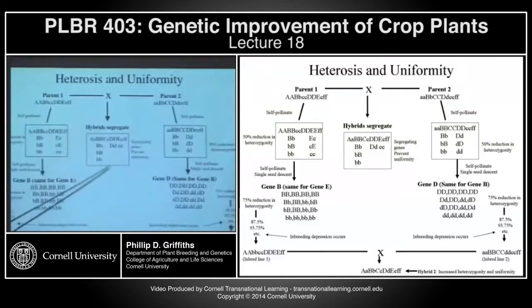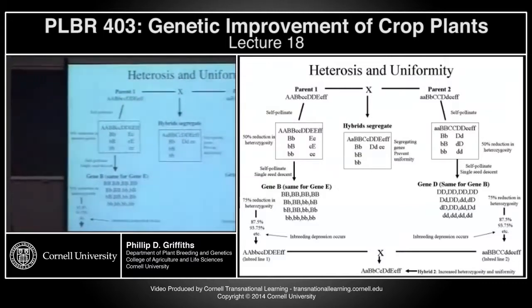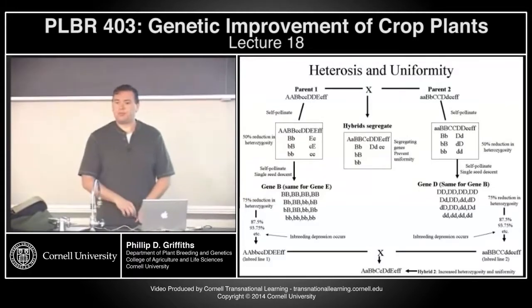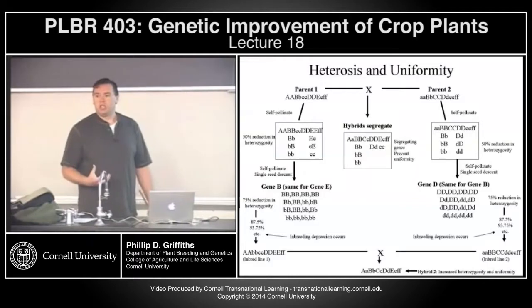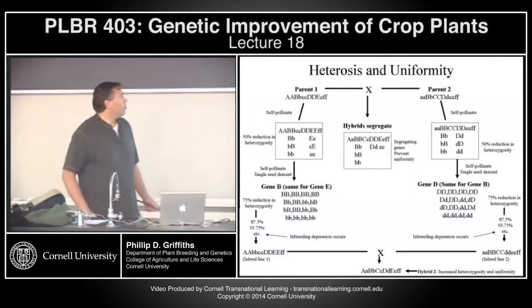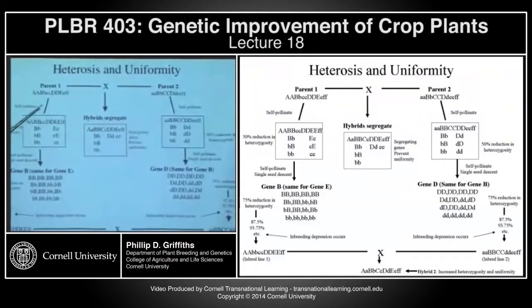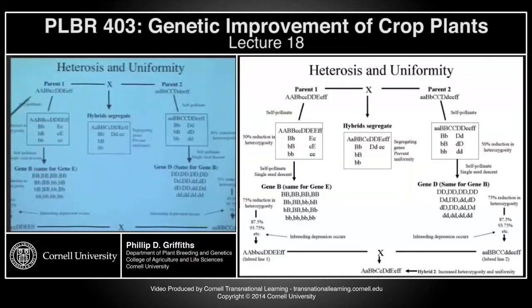So this is going to result in segregation of those hybrid plants. So to reduce this so that we can gain not just more hybrid vigor, but also more uniformity, we need to self-pollinate these parents to create inbred lines or inbred parents.